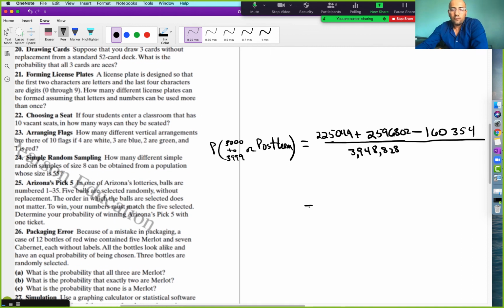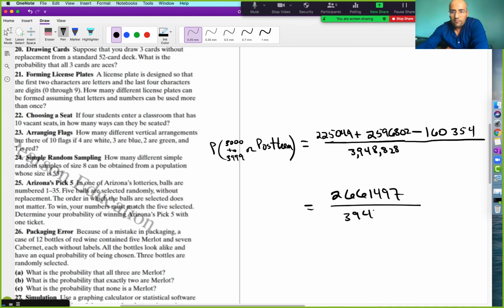Good. So if we just get our trusty calculator, we end up with 225,044 plus 2,596,802 minus 160,354. So the numerator ends up being 2,661,492.